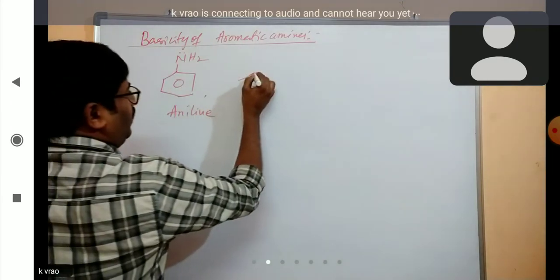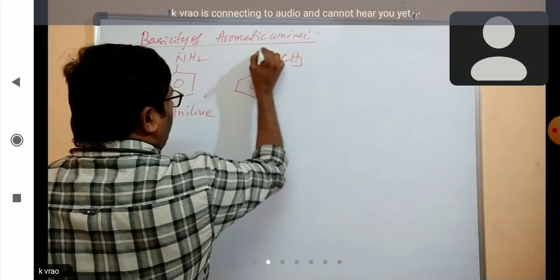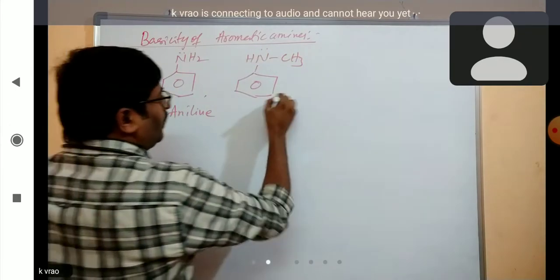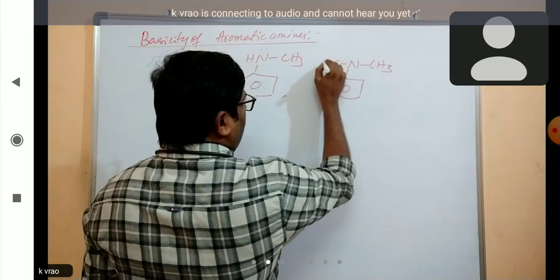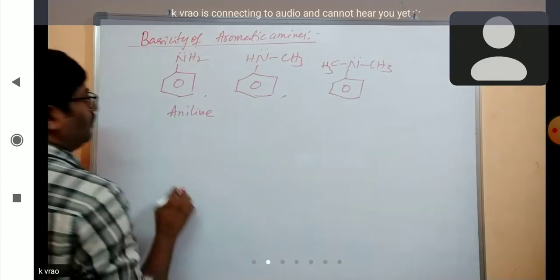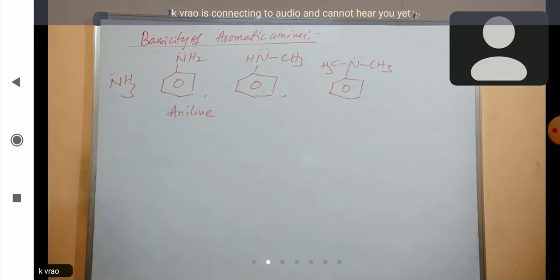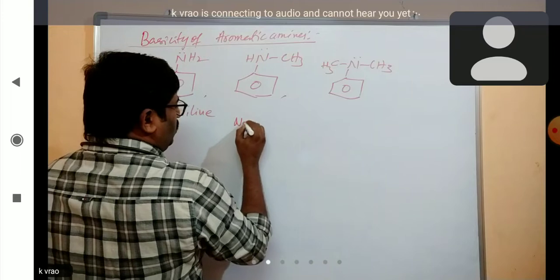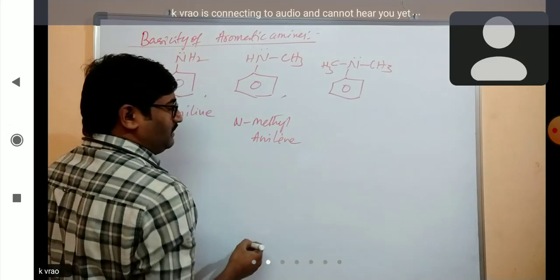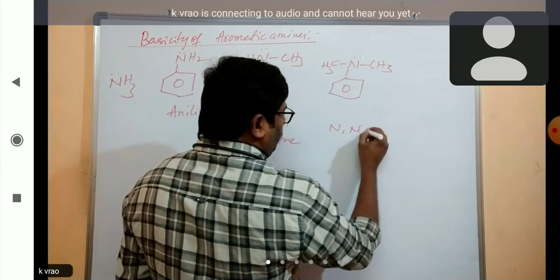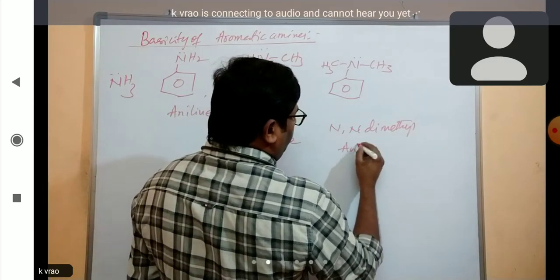Then N-methyl aniline, N,N-dimethyl aniline, and ammonia. This one is N-methyl aniline, or N-methyl benzene amine. This is N,N-dimethyl aniline, or N,N-dimethyl benzene amine.